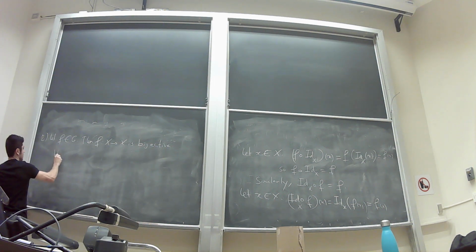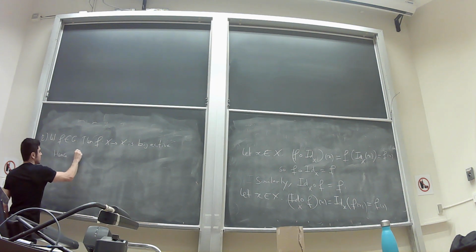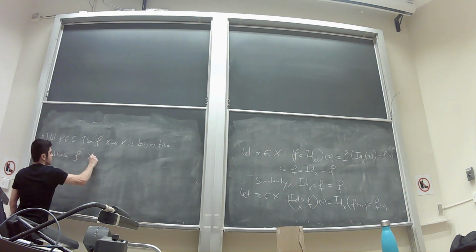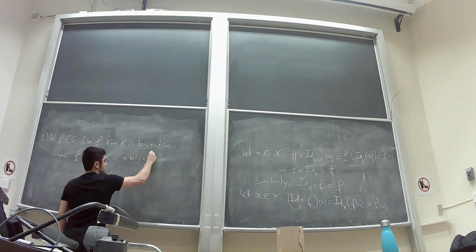Hence, what can I say about this inverse? What did we show in the homework? It's unique, right? That's why I call it f inverse. Hence, f inverse from X to X is a bijection, right?